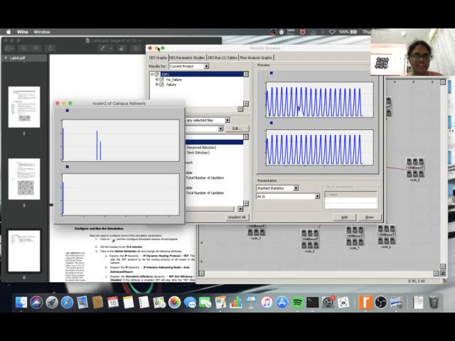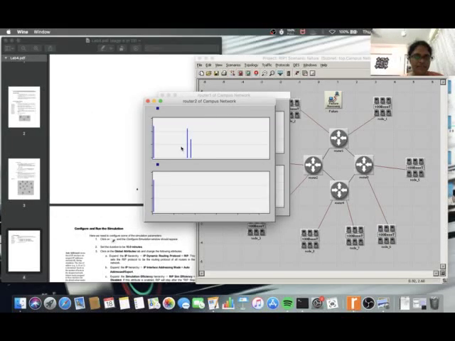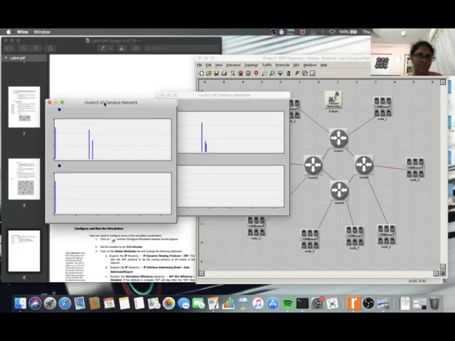But when the failure scenario occurred, that is after those 200 seconds, again router 2 had more updates to its routing table, and router 1 both actually did, because they had to find ways to reach each other indirectly.